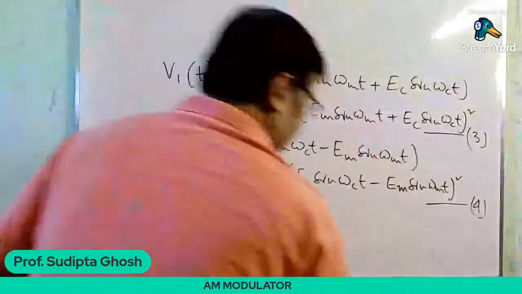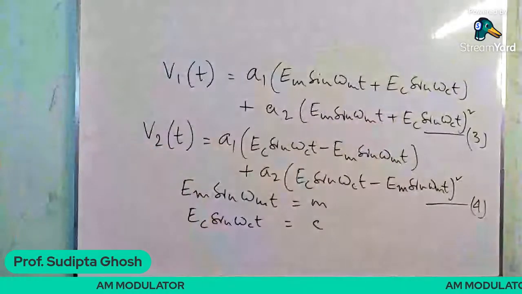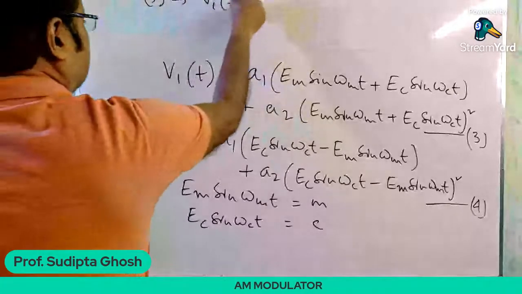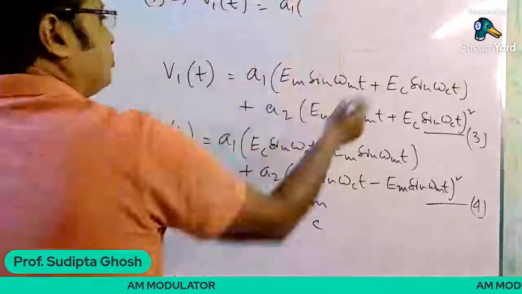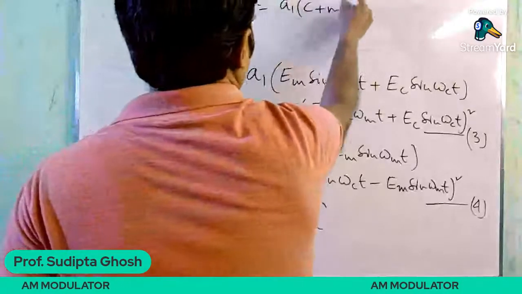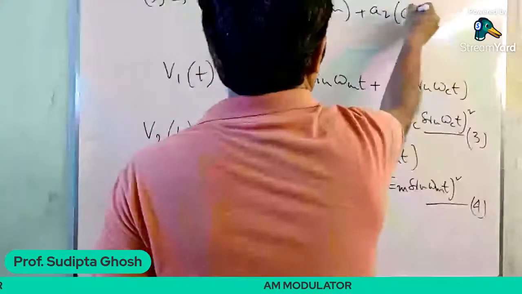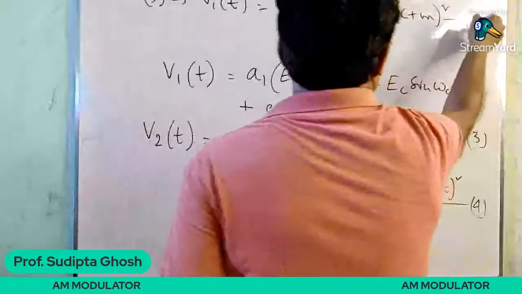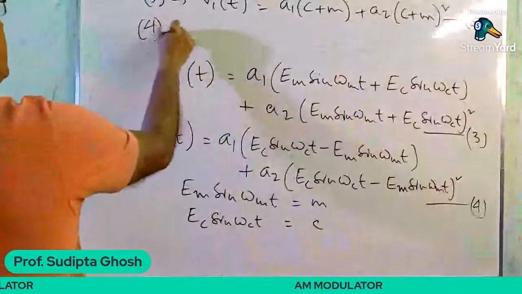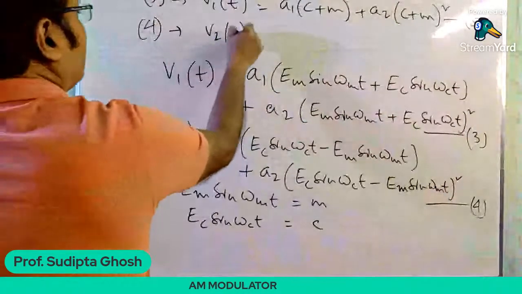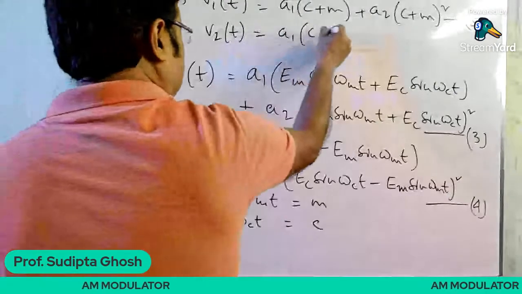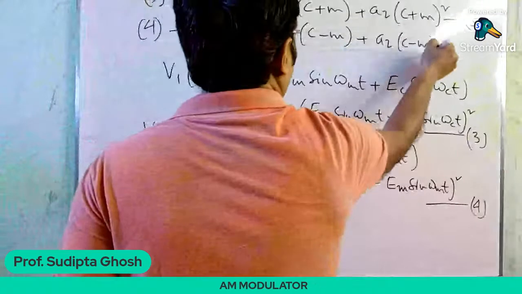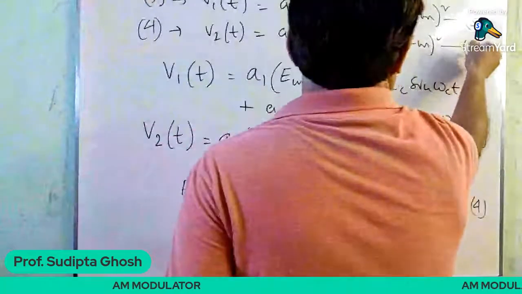So equation 3 turns to V1(t) equals A1 (C plus M) plus A2 (C plus M) whole square. Let it be equation 5, and equation 4 can be rewritten as V2(t) equals A1 (C minus M) plus A2 (C minus M) whole square, and let it be equation 6.